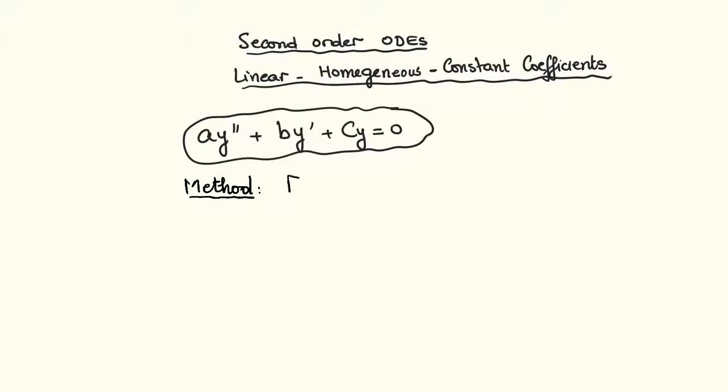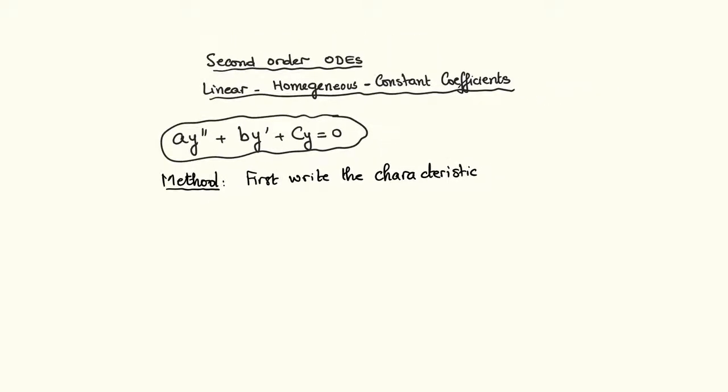So first, write what is called the characteristic equation, or auxiliary. Sometimes you will see it called characteristic, sometimes auxiliary equation.